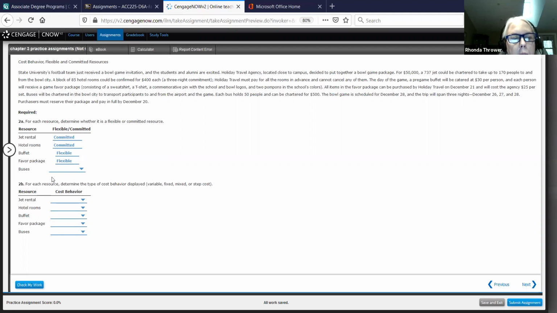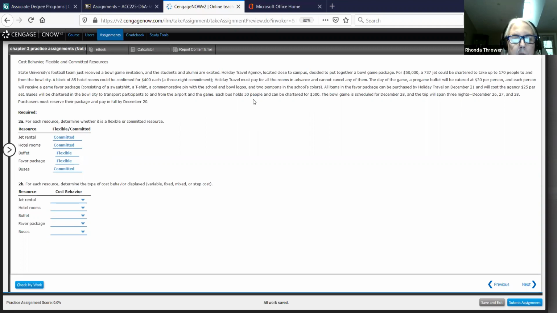And for the buses, it says the buses will be chartered in the Bowl City to transport participants to and from the airport and game. Each bus holds 50 people and can be chartered for $500 a bus. So this too is a fixed type of cost. It is a committed expense because it holds 50 people.